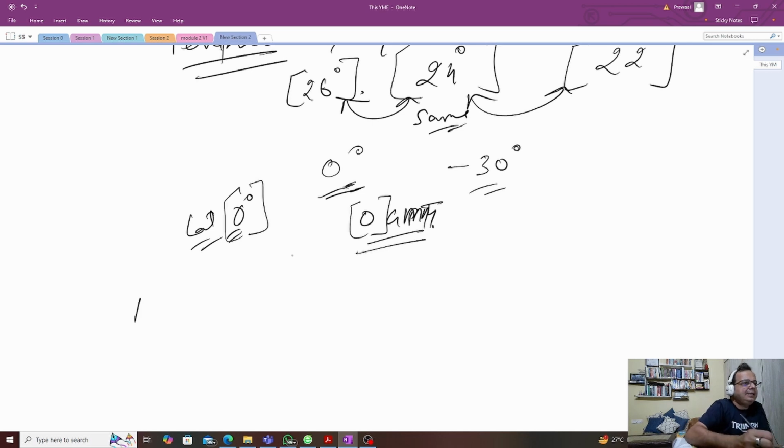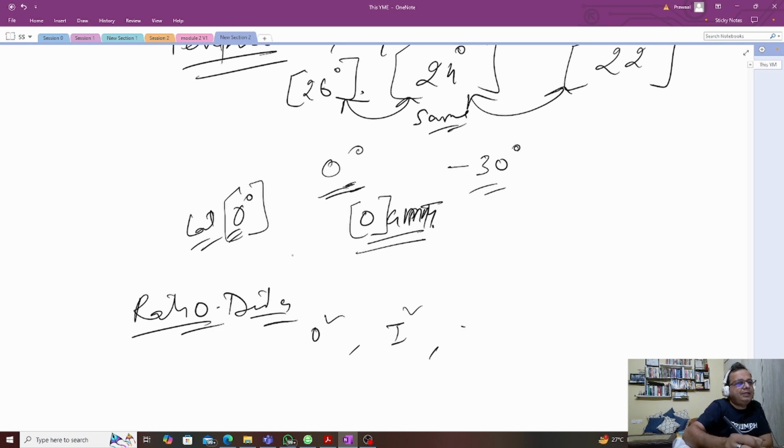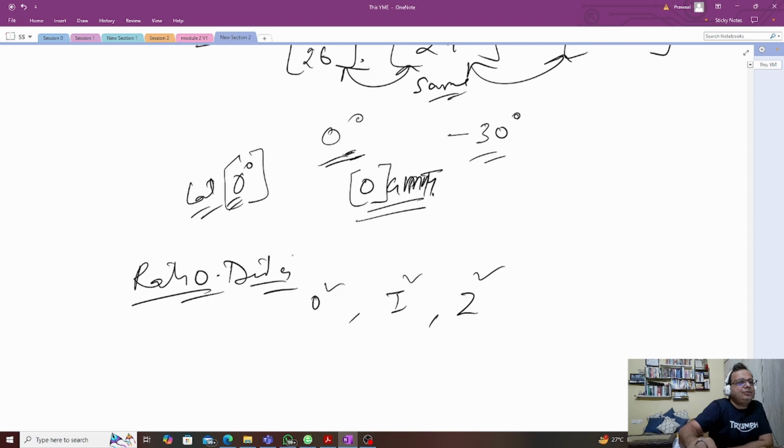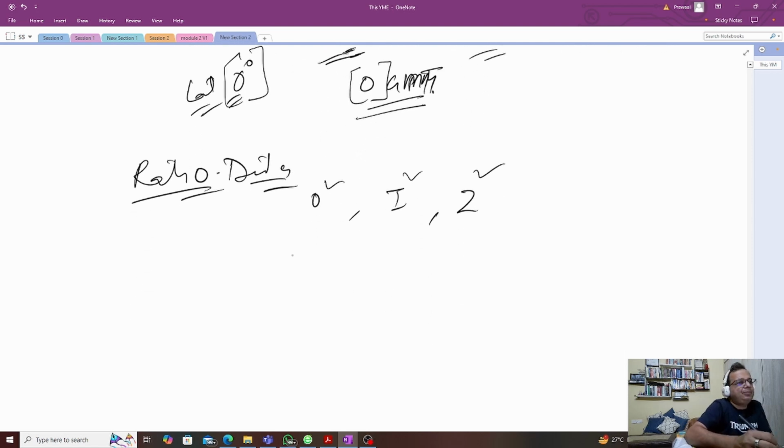And the last category, last but not the least, is the ratio data, where order is important, intervals are important, and there is a significance of 0 value. Let me give an example so that you understand this better, and you should expect some questions here. Let's suppose we are talking about height of buildings.